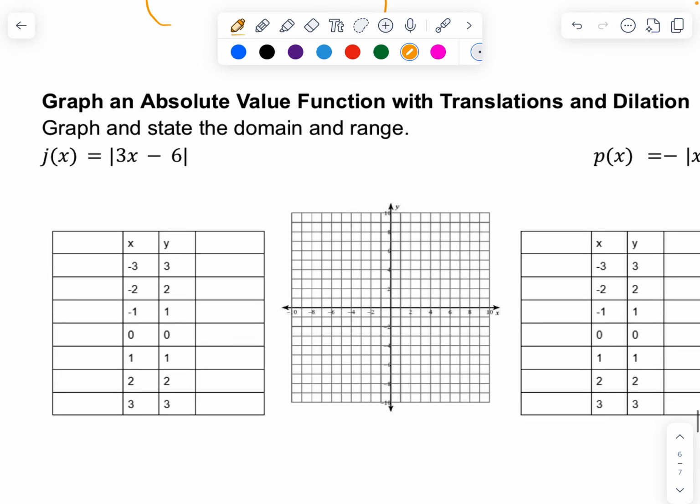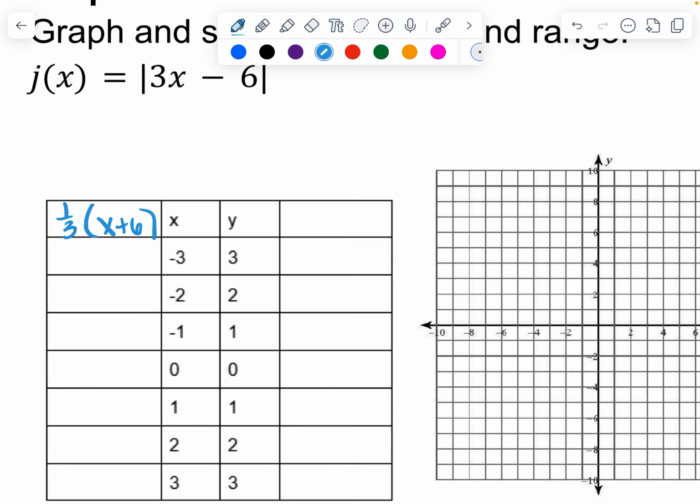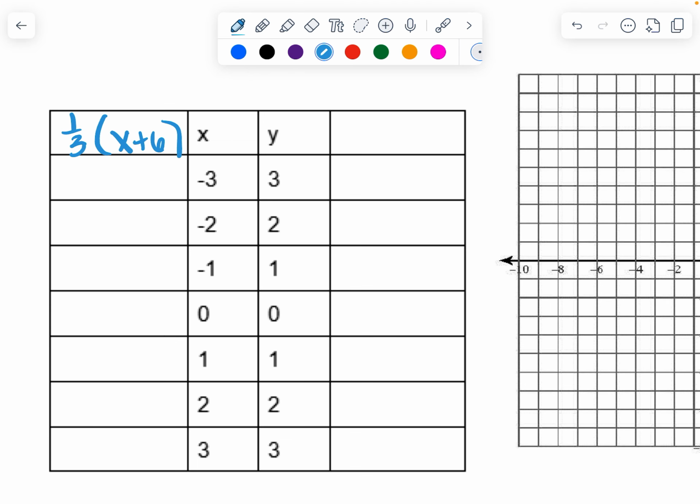So again, when you have them like this, you have to do the x first, so x plus 6, then divide it by 3. So 1/3 of negative 3 plus 6, that would be 3, so that would be 1. 1/3 of negative 2 plus 6, so that's 4, so 4/3, and 1.3 repeating.